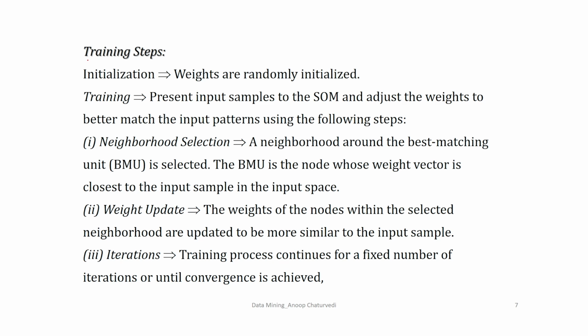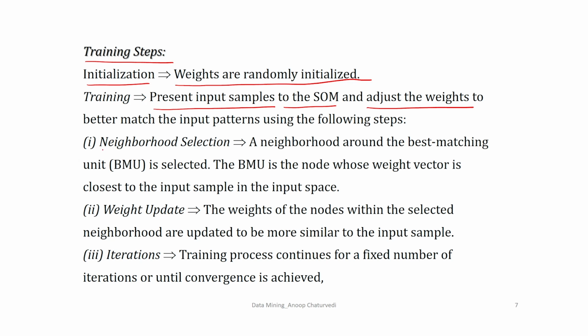Now, here are the training steps. First, we initialize the weights. Weights are randomly initialized. Then, for training purpose, we present input samples to the self-organizing map, and we adjust the weights to better match the input patterns using the following steps.